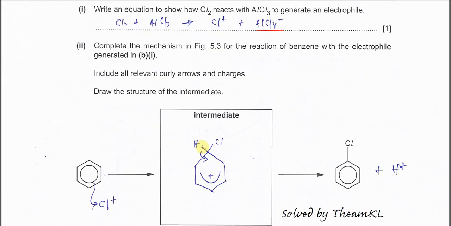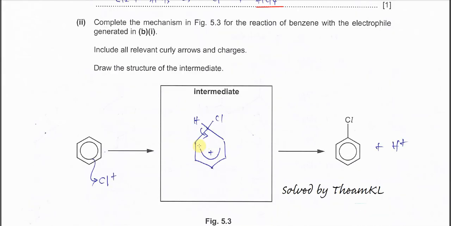Then part 2, complete the mechanism between the benzene and the electrophile, the chlorine ion. So you must draw one arrow from the benzene ring, pointing to the ion. After that, draw the intermediate.